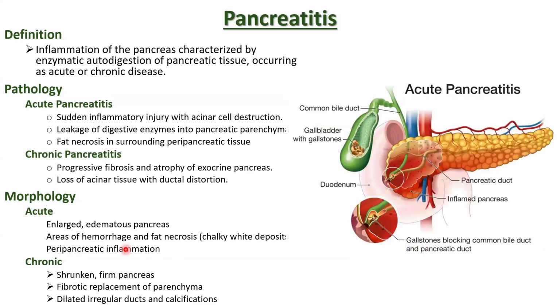And that is actually what you can see here. So this is the pancreas. It's inflamed in nature, as you can see here. Then in chronic pancreatitis, the person will have a shrunken fatty pancreas, fibrotic replacement of parenchyma, dilated irregular ducts and calcifications.